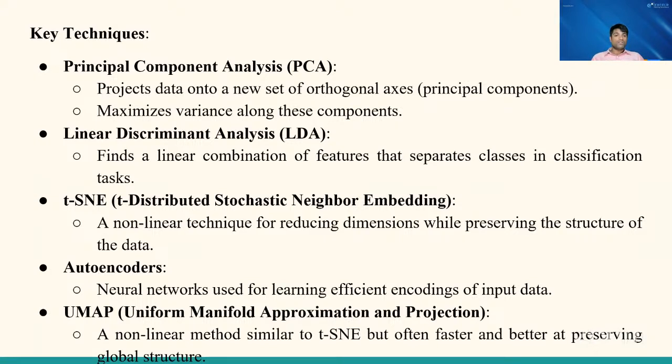When we talk about PCA and autoencoders, more of the data coming in right now is non-linear. That is why the use of autoencoders has become greater in the industry compared to PCA, because we are not getting linear data much.